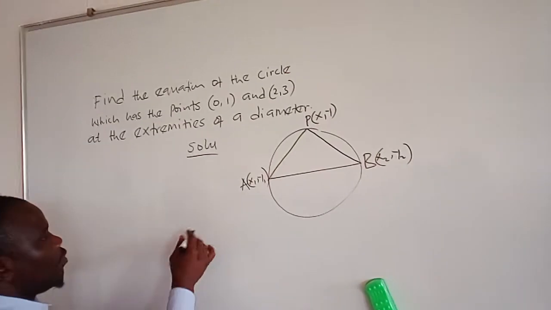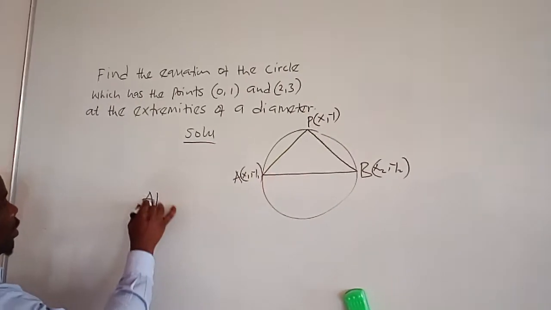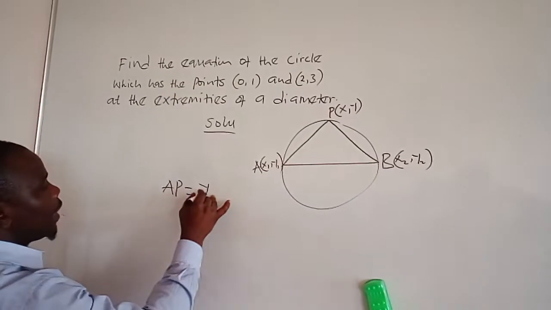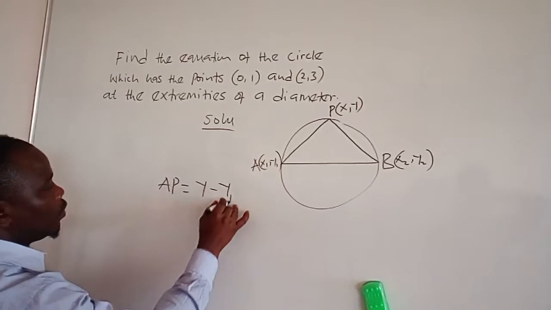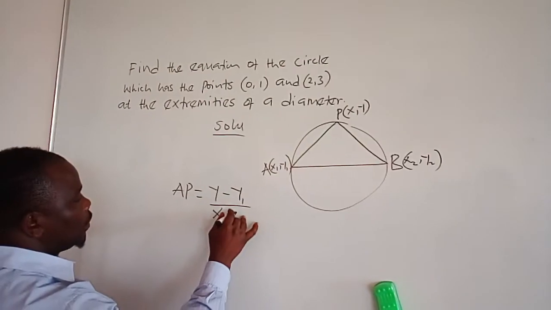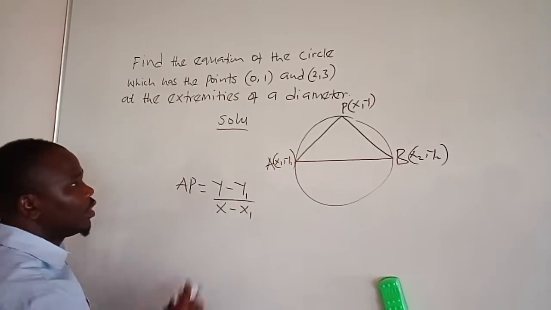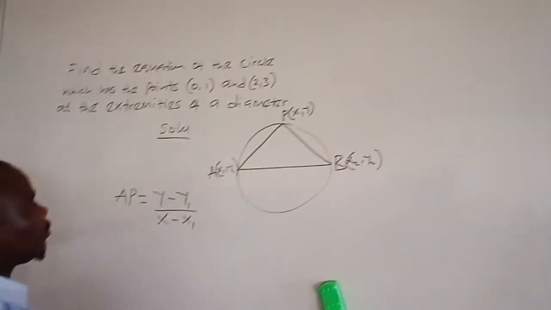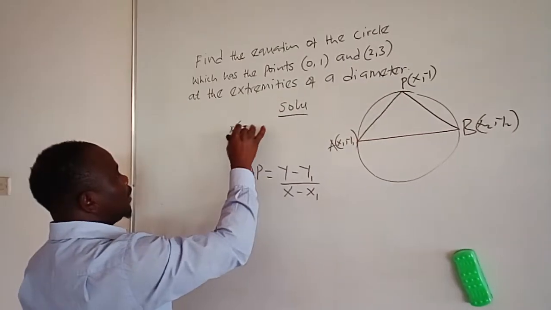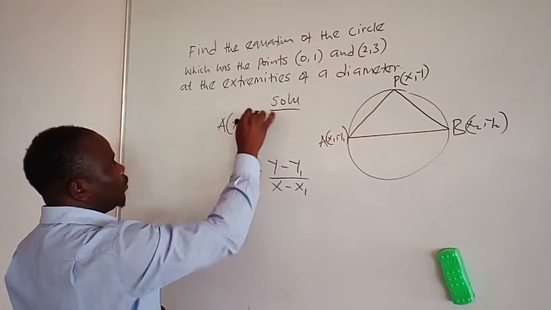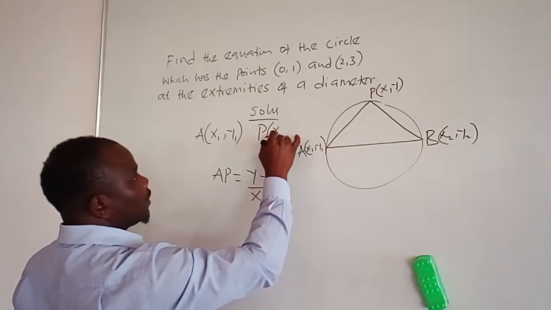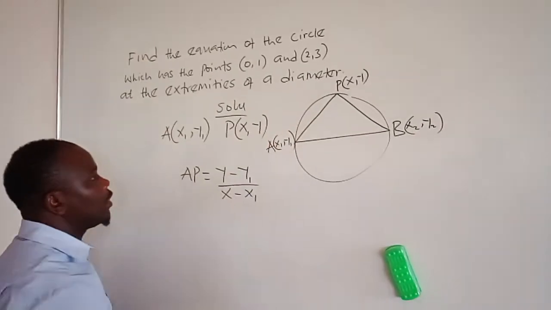How? Let's look at it this way. We know that the slope of AP is y minus y1 all over x minus x1. You know that A is (x1, y1) and P is (x, y).